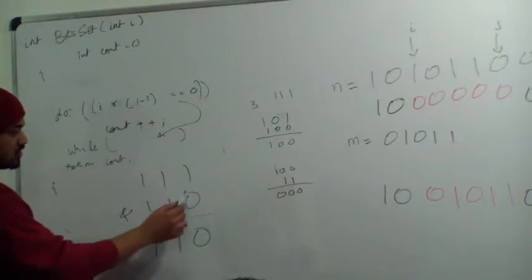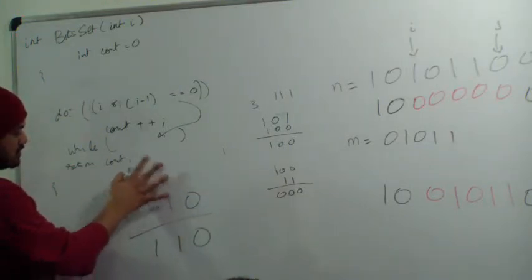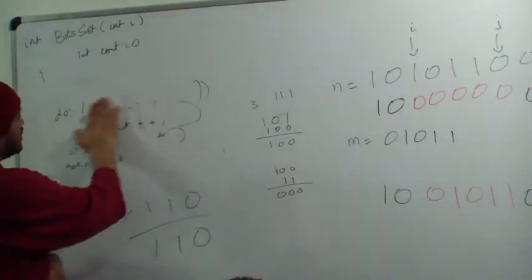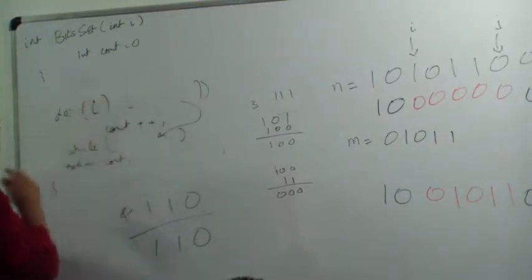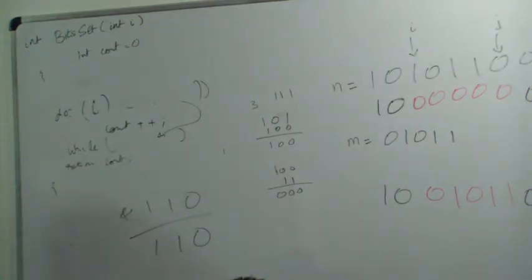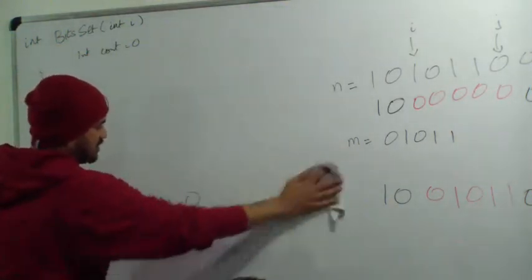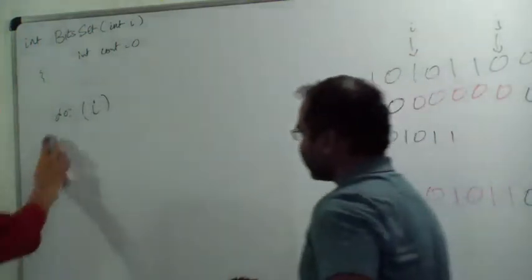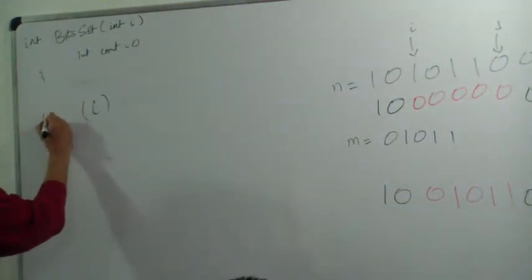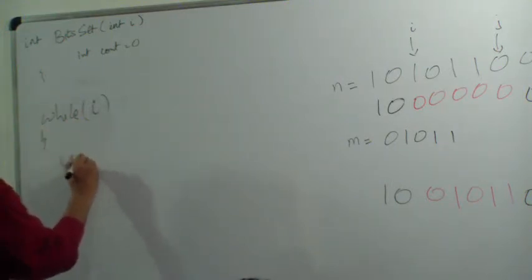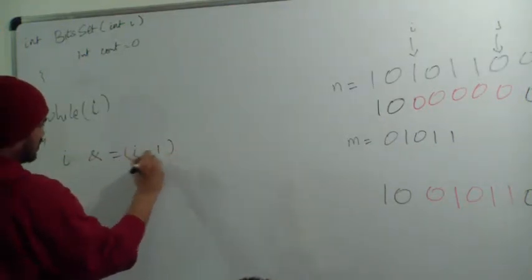By the time it becomes 0, you can just say while I is greater than 0, I equals I AND I minus 1, and increment the count.